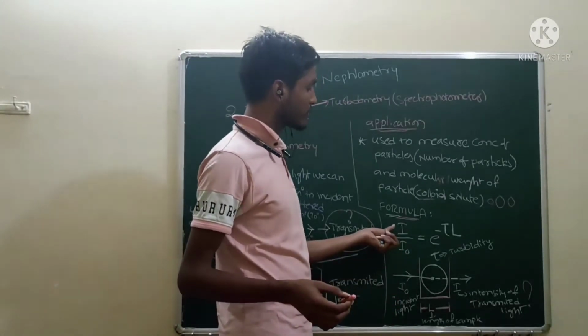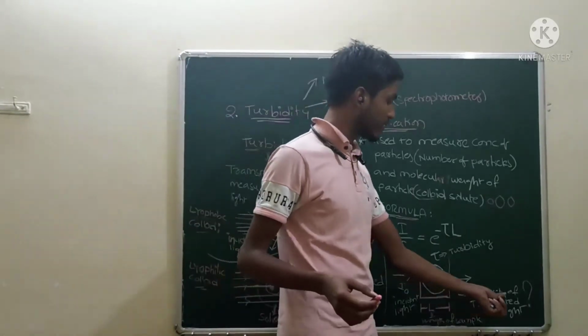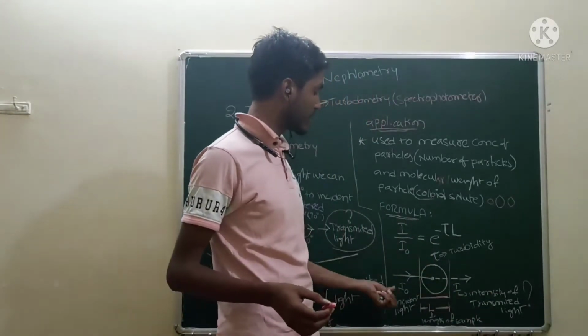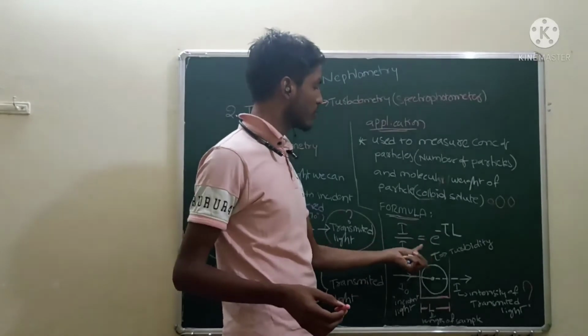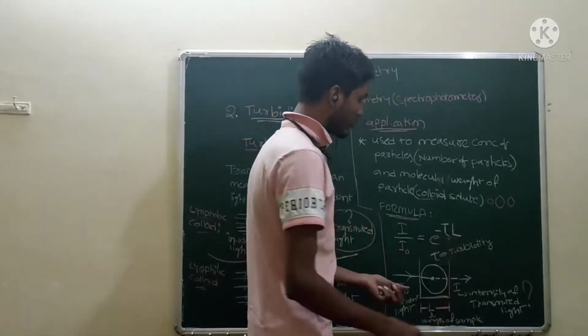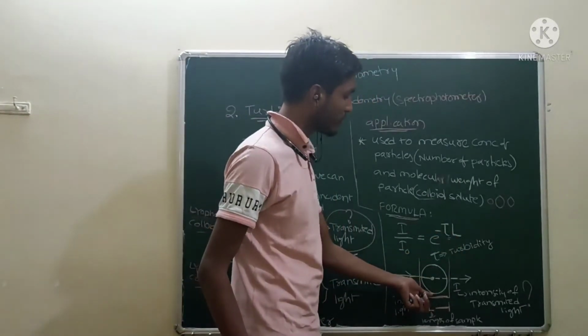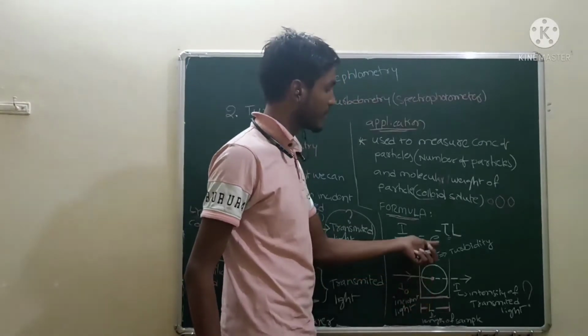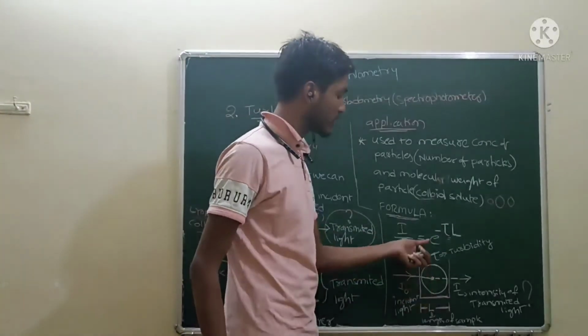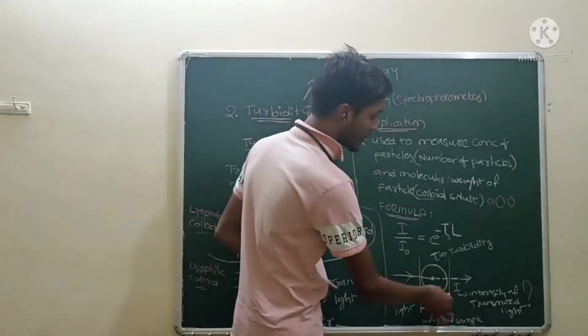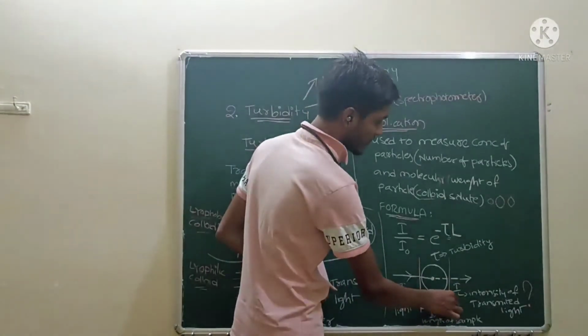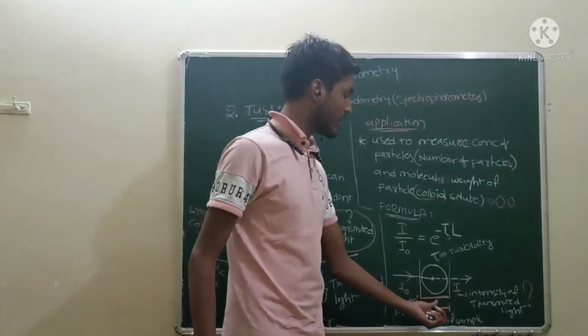The intensity of transmitted light divided by the intensity of incident light is equal to e to the power of tau. Tau means the turbidity of this colloidal solution, the concentration of that colloidal dispersion. L means the path length, the length of the sample cell.